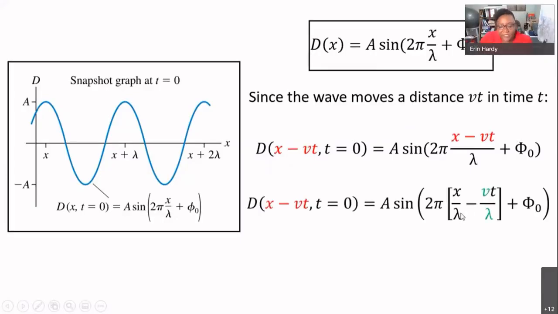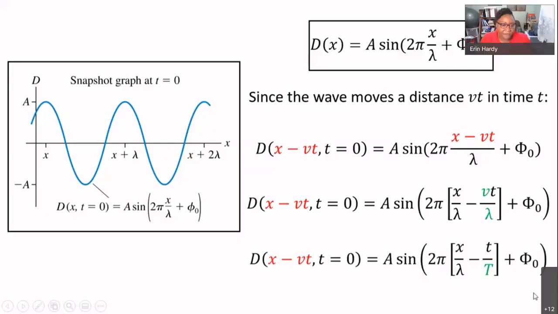We know what to do with that because that was our first step in the previous slide. And I would have this v times t over lambda term that showed up inside these square brackets. We know that v over lambda is just going to be the frequency, and frequency is 1 over the period. So that all the green text goes together.